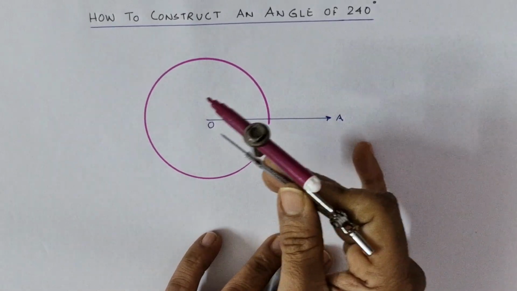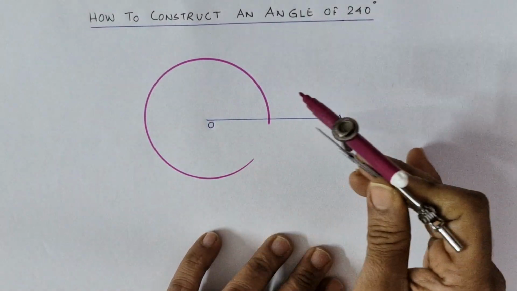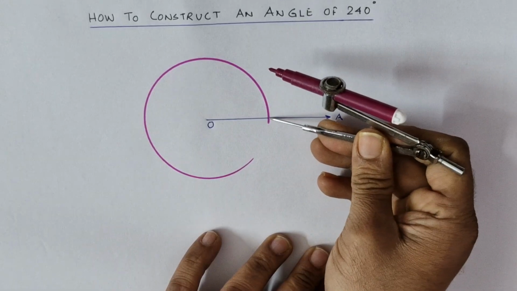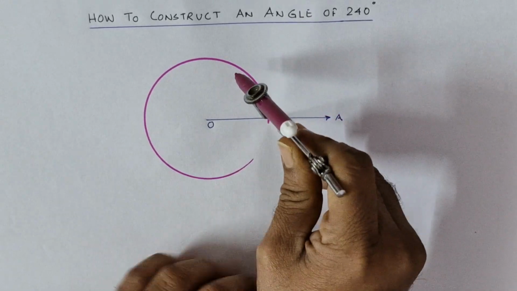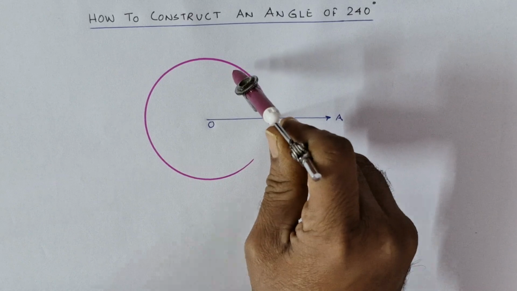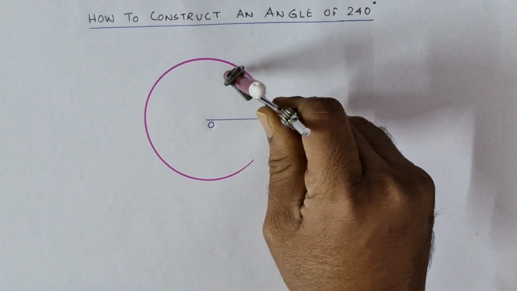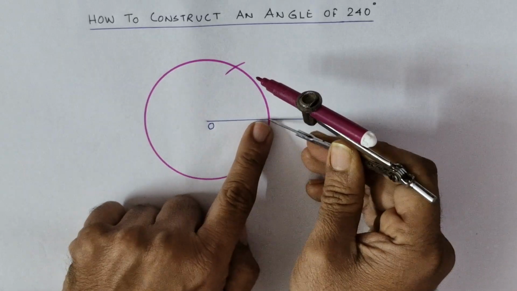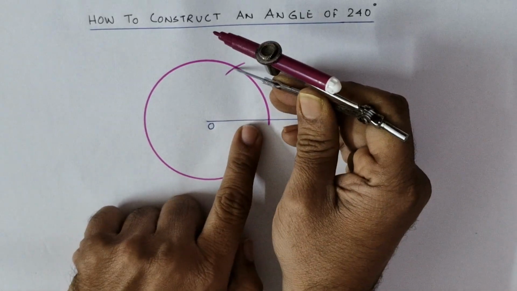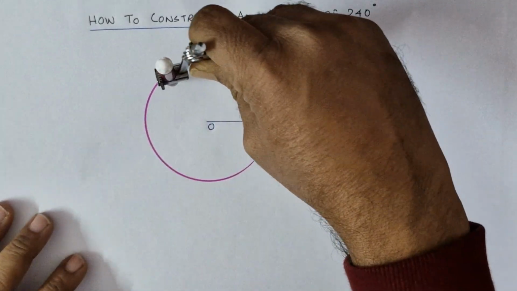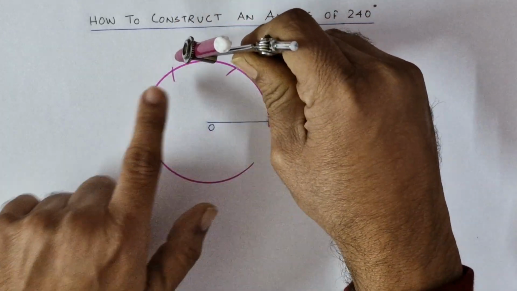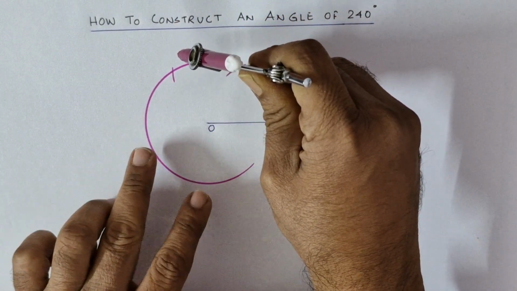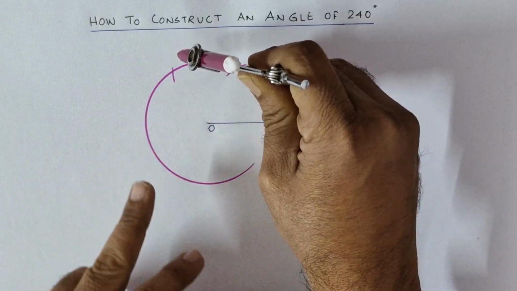Point the needle where this bigger arc has intersected AO at a certain point. See here, got it? So now go on intersecting the bigger arc like this. For example, here, draw a small arc pointing the needle here. Now shift your needle to this particular intersection point and draw another arc intersecting the bigger arc, and go on intersecting and drawing smaller arcs in this way.